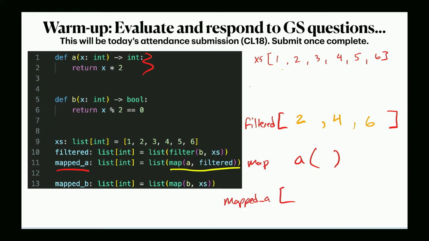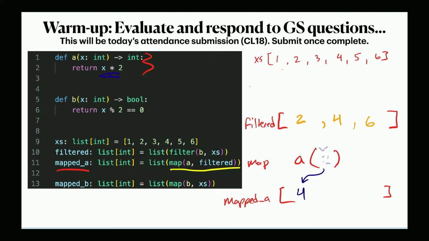I'm just going to go ahead and, for illustrative purposes, write mapped A and start filling in these blanks, right? So very similarly, the map algorithm, unlike filter where we're trying to decide do we keep or reject each item in this input, here we're saying, okay, let's transform each item. So 2 is passed to A. We look at what A returns. A returns 2 multiplied by 2, so this would be 4. That's going to be added.